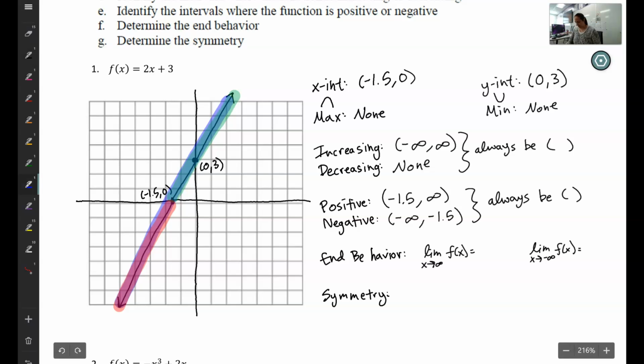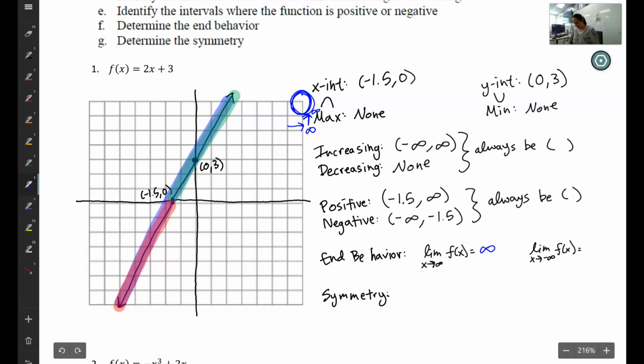End behavior is next. So what this end behavior is saying is as x goes to infinity, so that is to the right. So as x moves to the right, what is the graph doing? Is the graph pointing up? Is it pointing sideways? Or is it pointing down? In this one, as the graph goes to the right or to infinity, the graph is pointing up or to positive infinity.